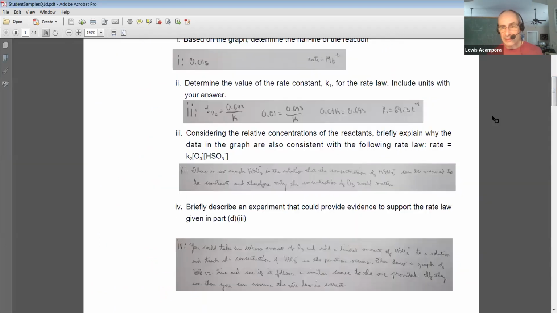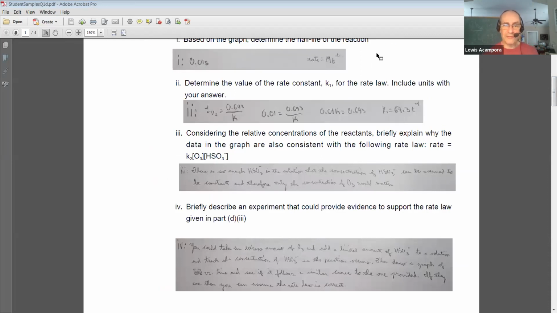I hope you can all read that. I'll give you a little bit more time on this one, but see how you would score this out of 5 points.